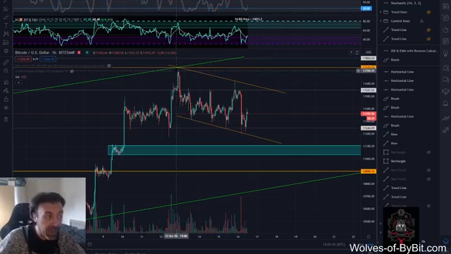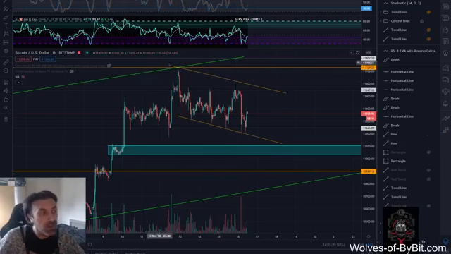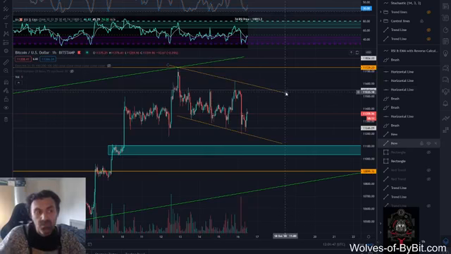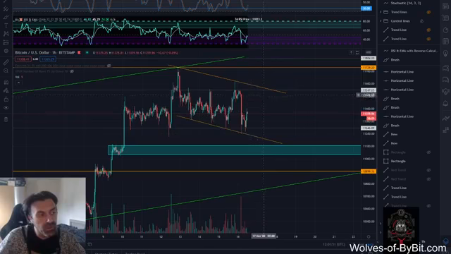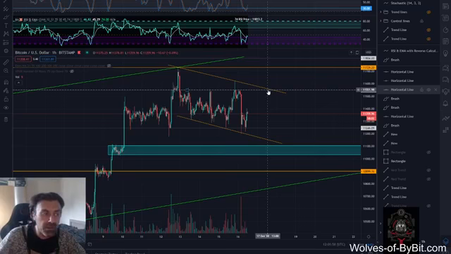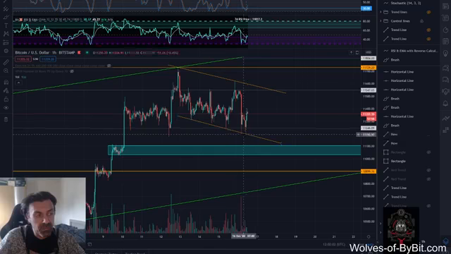Now that we have tested this line, it's okay to assume that right now on the way up we will have a retest of this area. Now, is this going to break or not? That is the question. We tested the bottom of this line a few times.